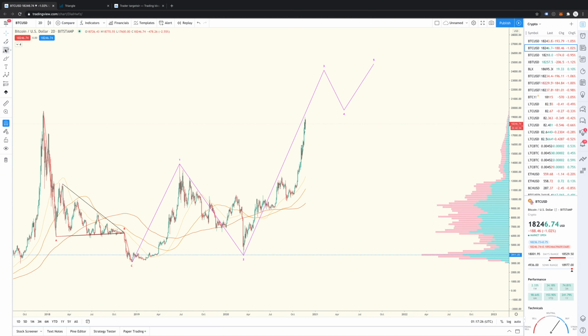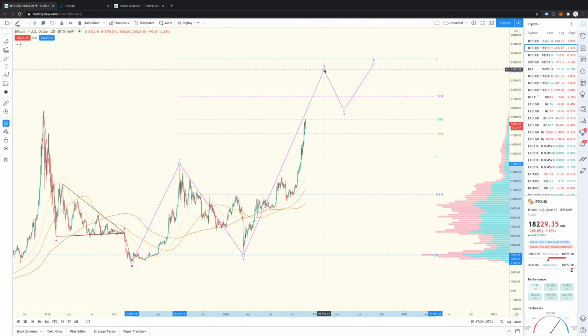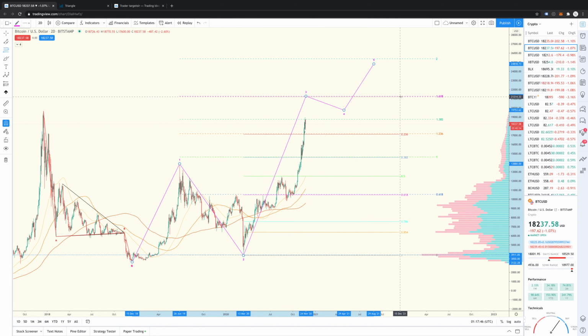And the way that we can project wave 3 is to take the wave 1 extension from wave 2 and look for the 1.618, which is the high value target for wave 3. Then we can project the end of wave 4 by doing a retracement of wave 3. And again, we're just going to use the high probability zone of the 0.236 to 0.382 level.